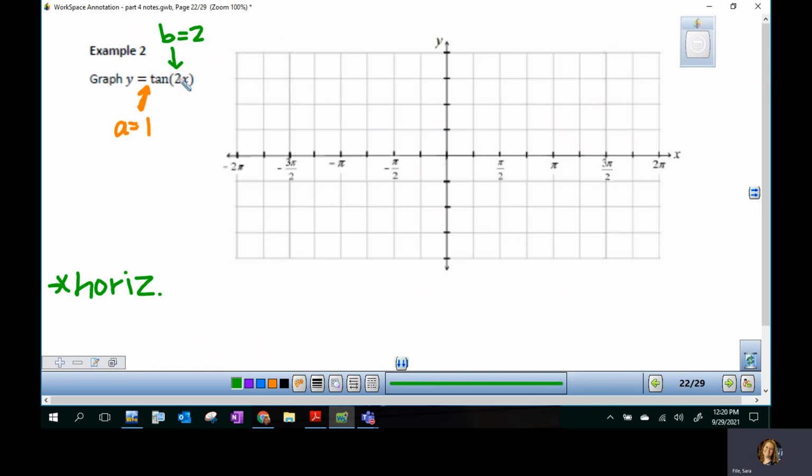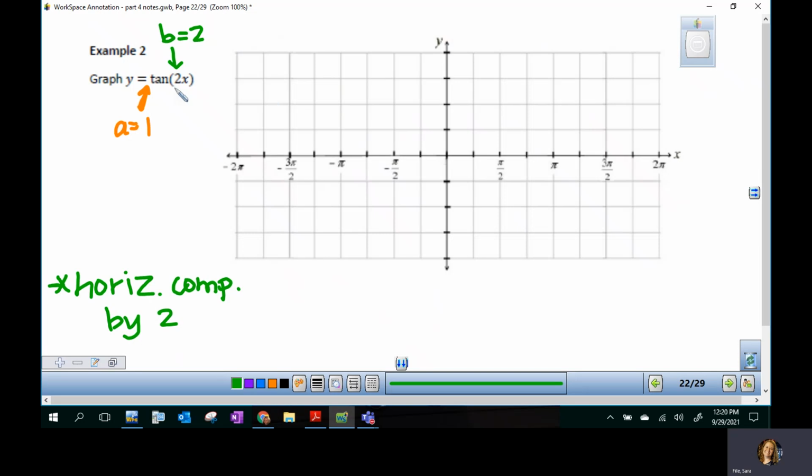It does the opposite of what you would think, because inside we do the opposite, right? So this is actually going to compress the graph by 2. If you're compressing by 2, that means it's getting half as wide, right?